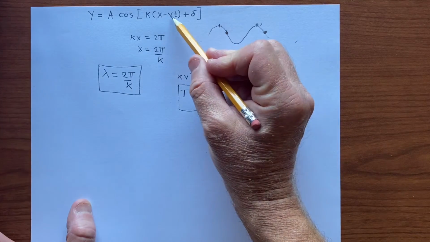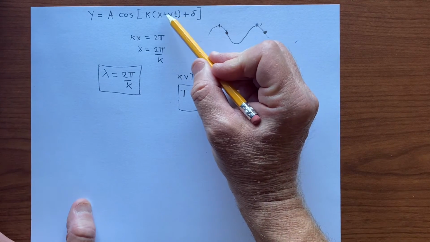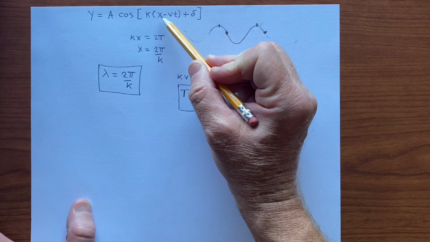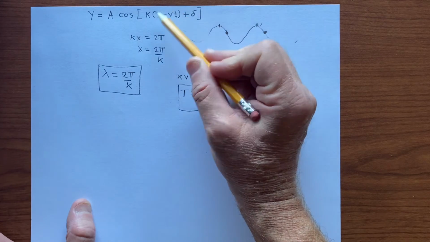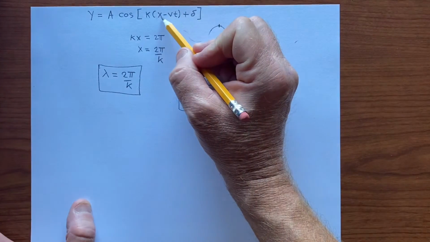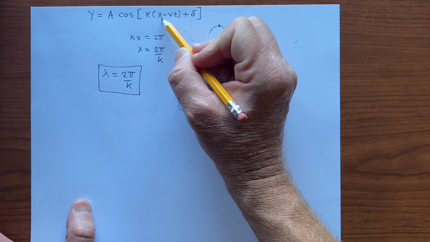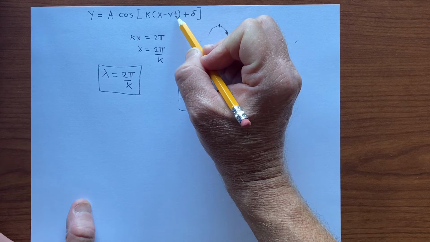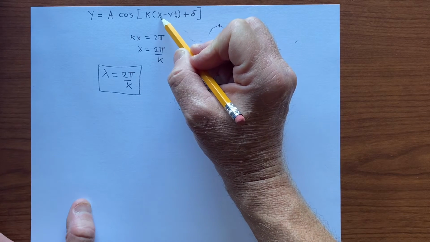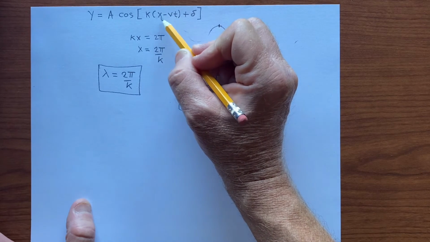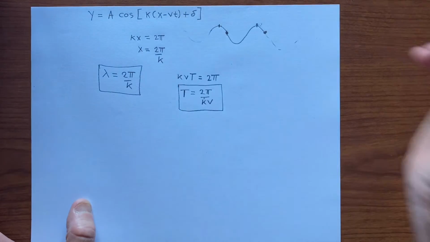Here we have the x minus vt. So if at t equals 0 we consider x equals 0, we have some value. But we can get the exact same value at some non-zero t and some non-zero x, such that x minus vt equals 0.